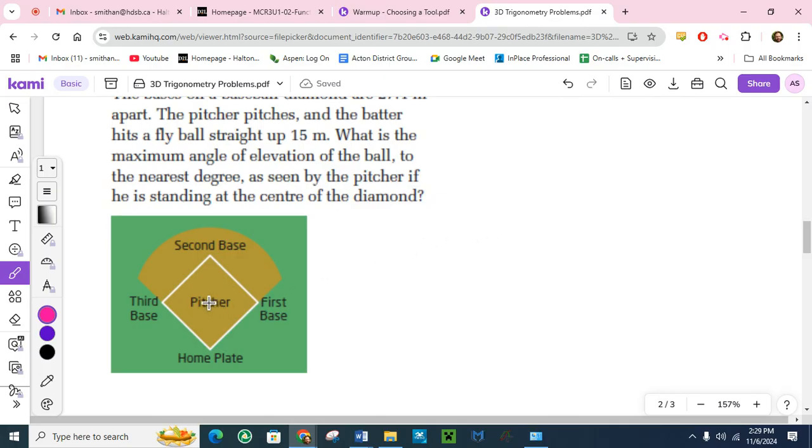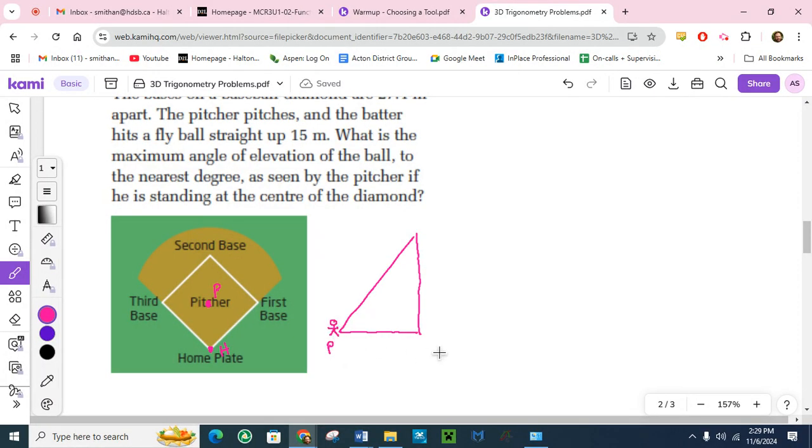We're going to need a triangle formed by the pitcher. I'm going to put a dot here and label that with a P. The home plate, I'll label that with an H. And the ball itself, which is above home plate. So that's going to be kind of like a right angle triangle like so. Here's the pitcher.